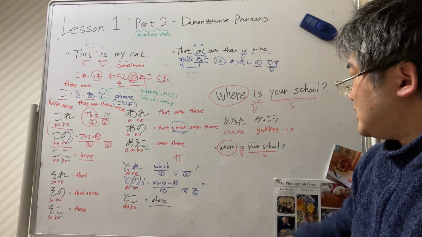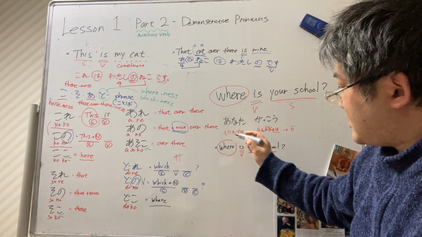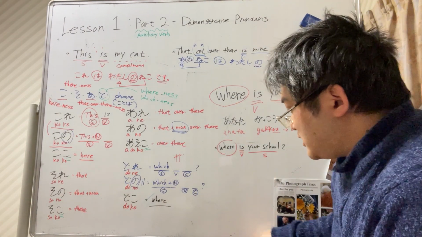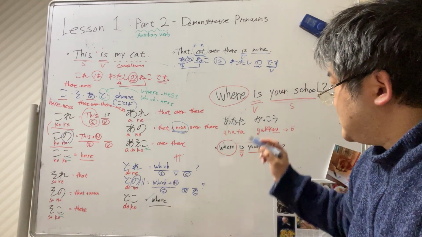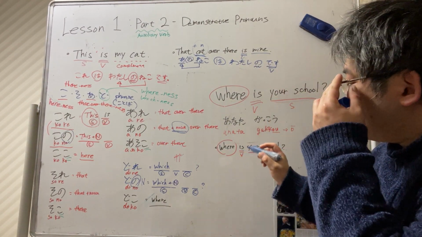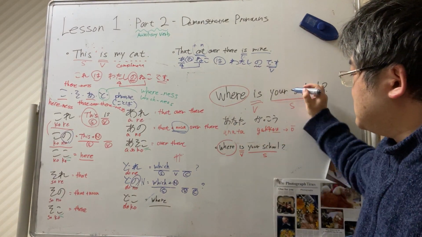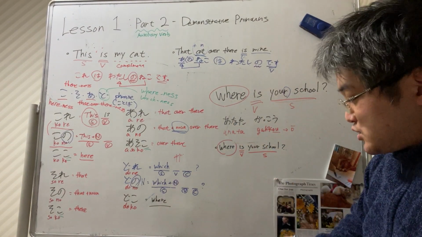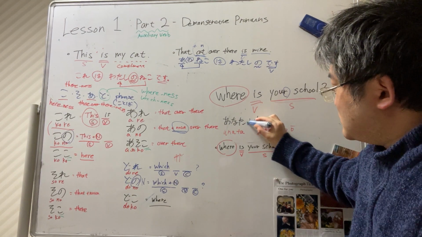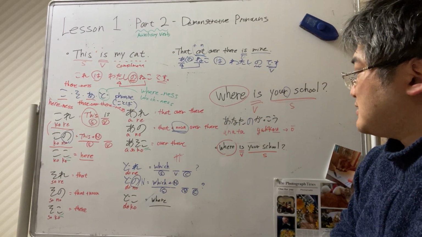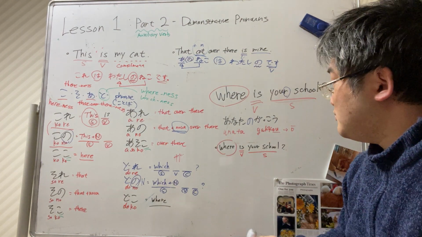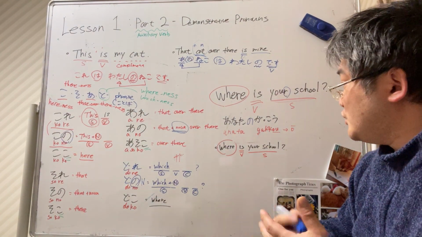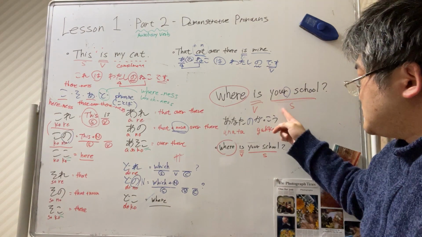So anata gakkou, right? Both of them are nouns, so we need to basically make sense out of this. "Your school" shows a possession, so we need to put no, and anata no gakkou means "your school," and that's a subject.